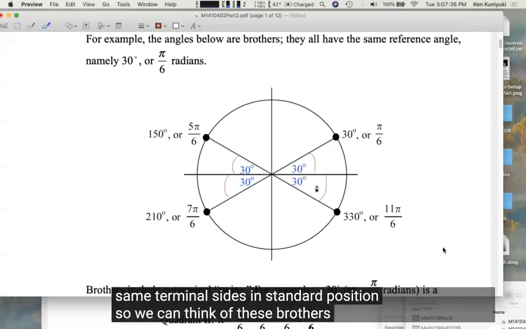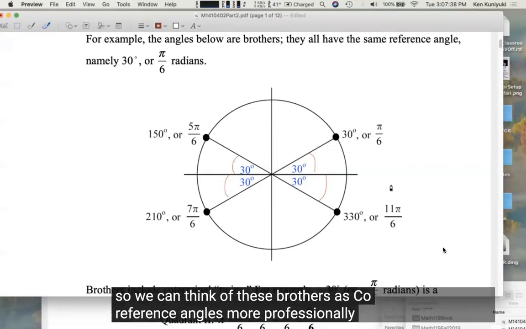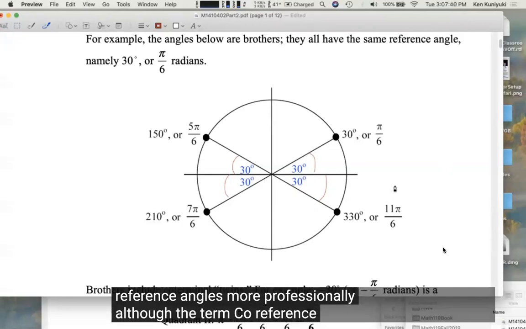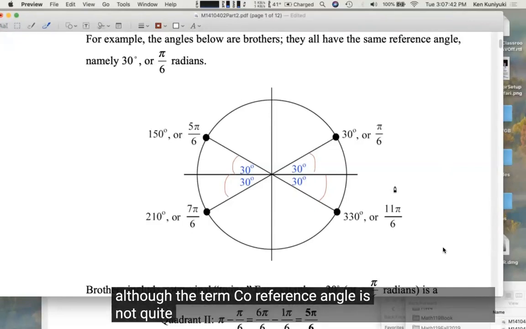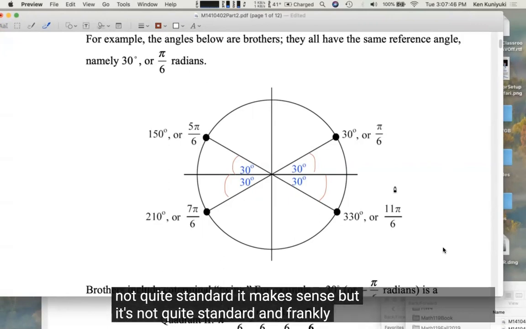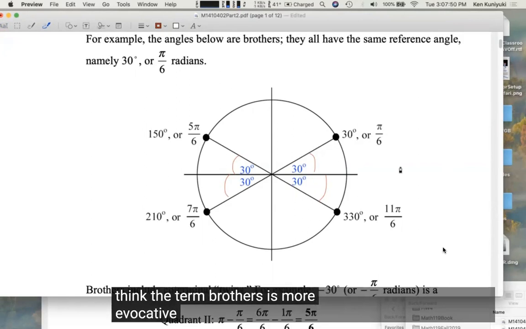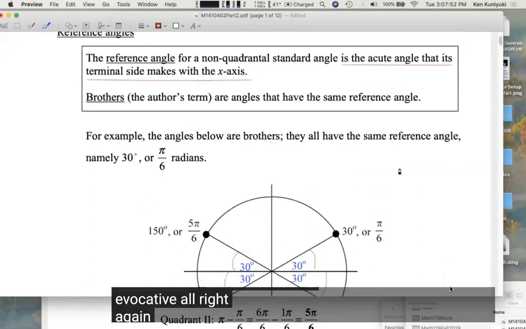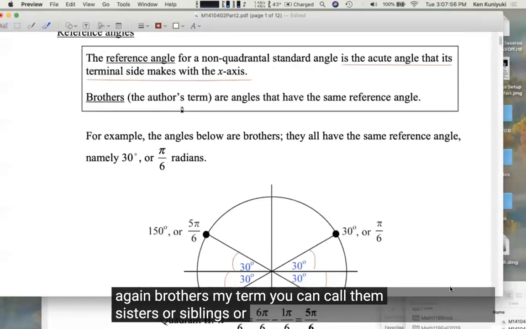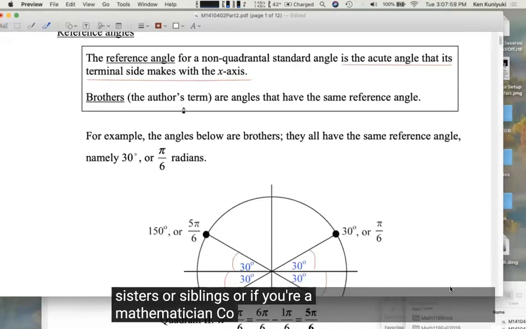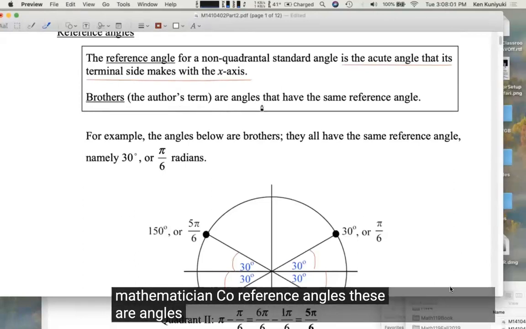So we can think of these brothers as co-reference angles more professionally, although the term is not quite standard. And frankly, I think the term brothers is more evocative. Again, brothers, my term. You can call them sisters or siblings, or if you're a mathematician, co-reference angles. These are angles that have the same reference angle.